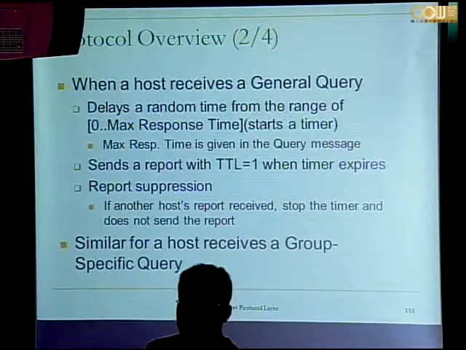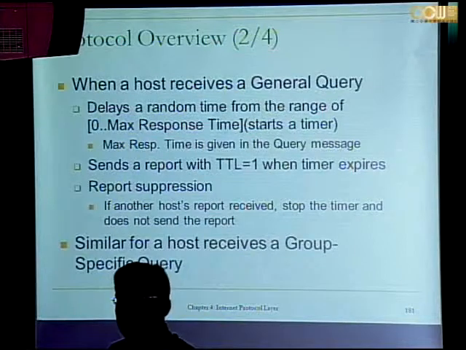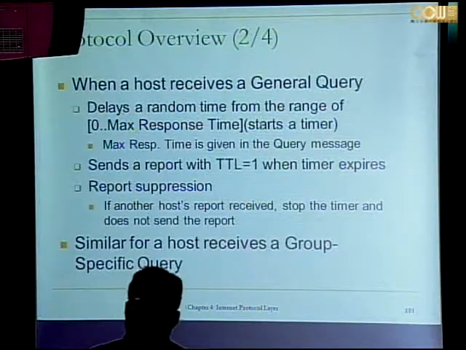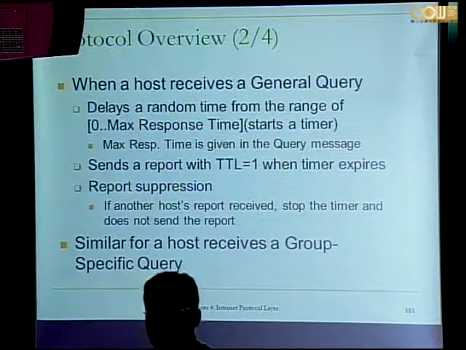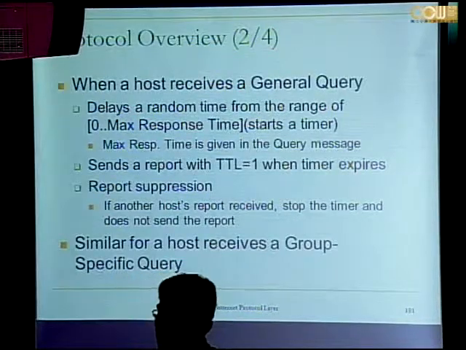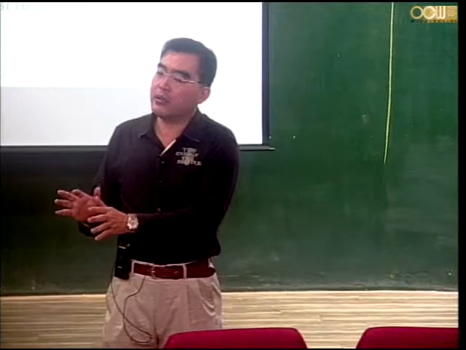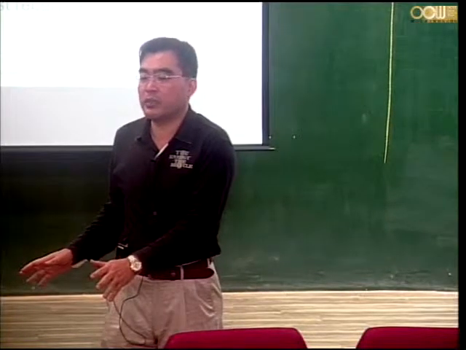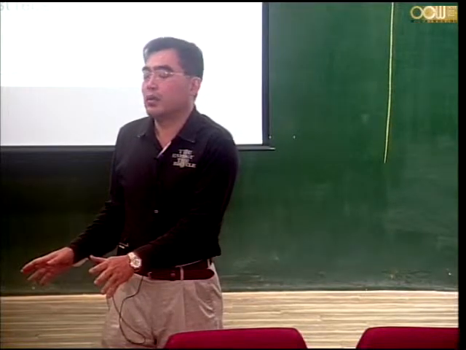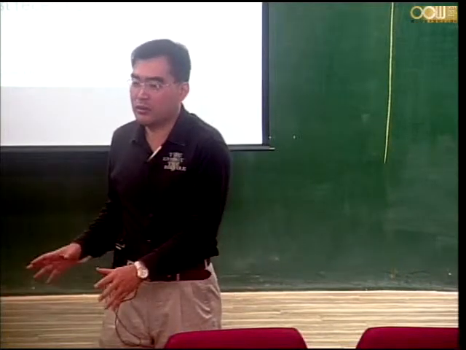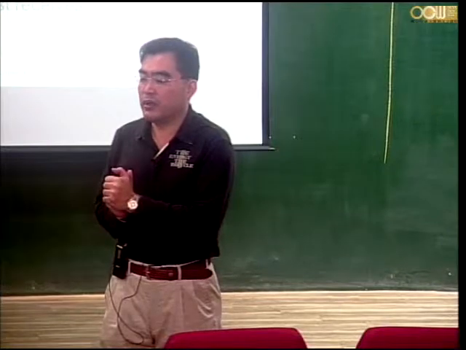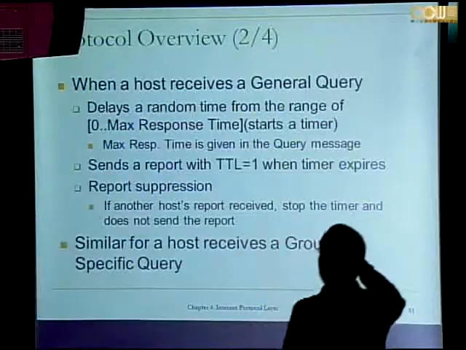Knowing whether there are no members belonging to a certain group, or knowing there are members belonging to the same group, I only need to know this. I don't need to know how many. And knowing there are 10 members on this subnet is the same as knowing there are members on this subnet. Okay, so now there's a trick here.